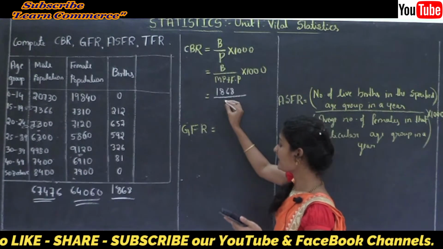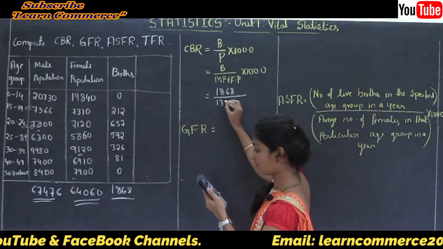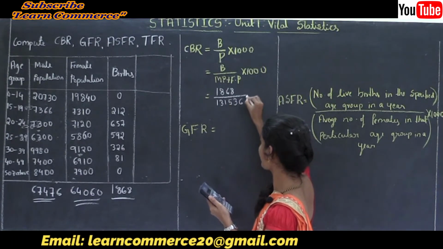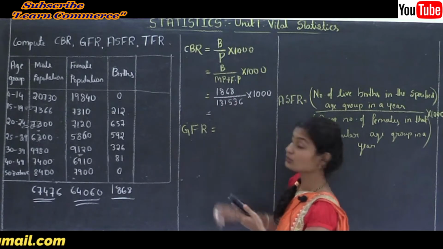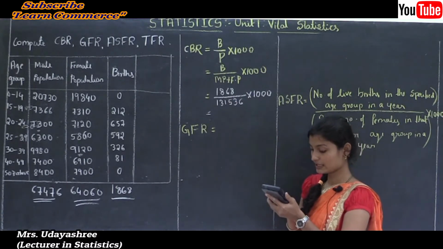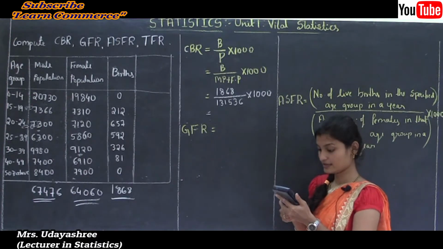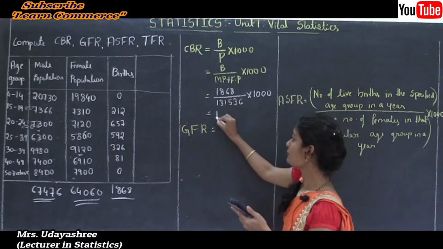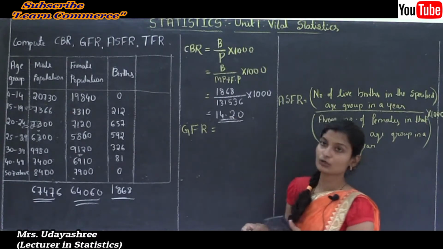So the total population is 1,31,536, into 1000. This is equal to 1,868 divided by 1,31,536 into 1000, that is 14.20. This is the crude birth rate.